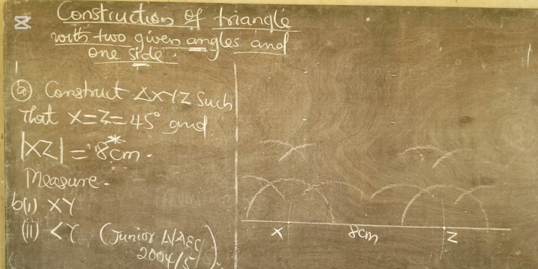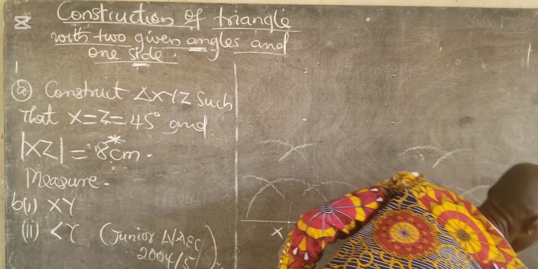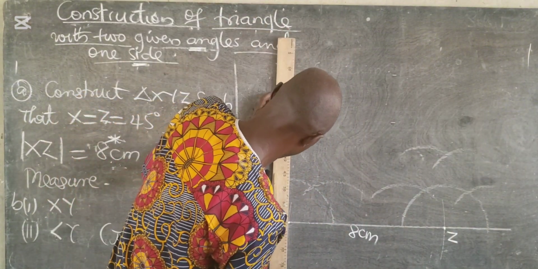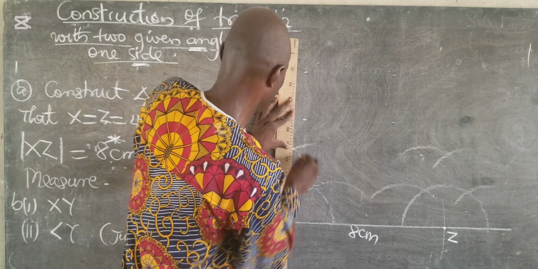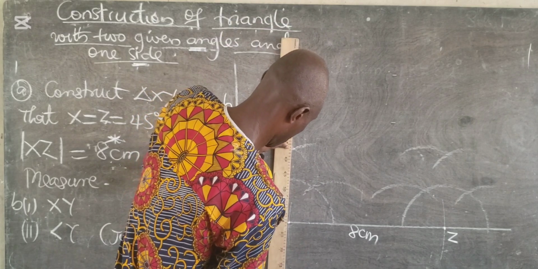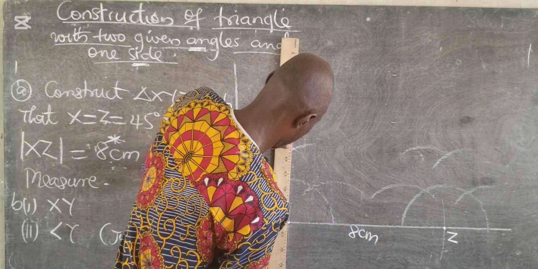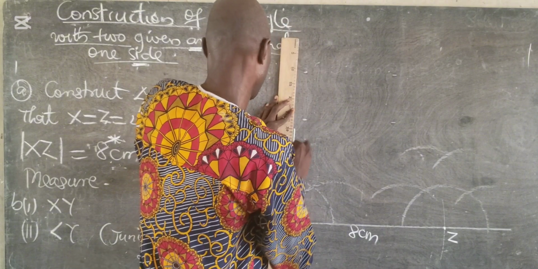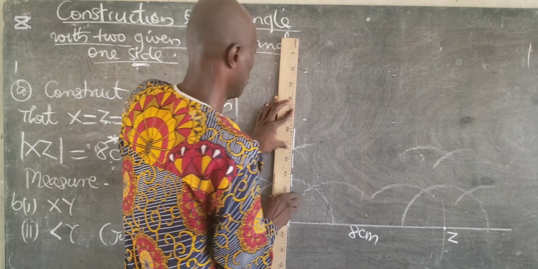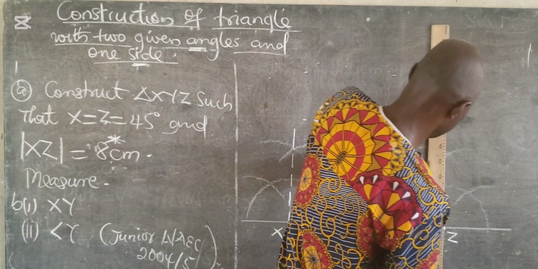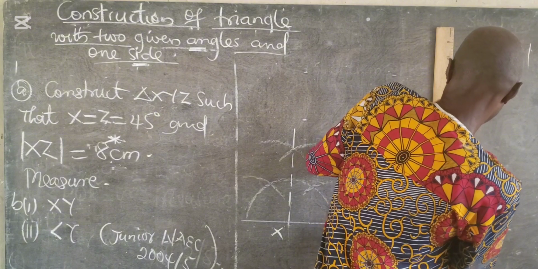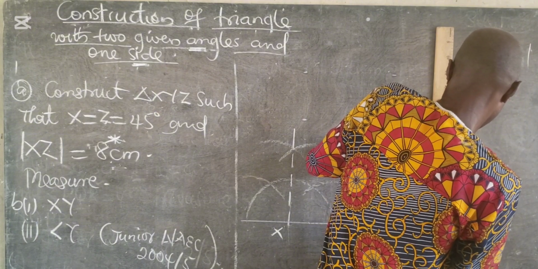Now I will draw a perpendicular line, a broken line, which is 90 degrees, that will pass through this point. I want to do it the same way here. That is 90 degrees. That is 90 degrees.